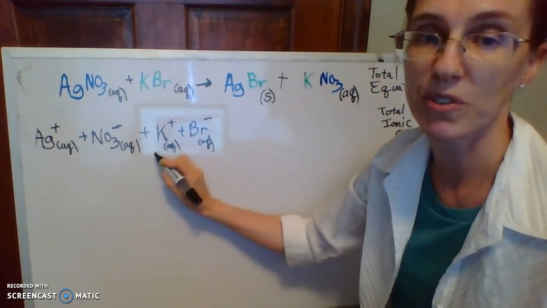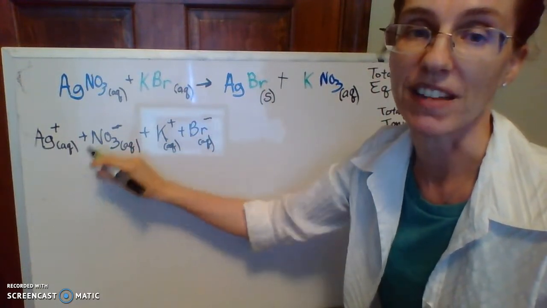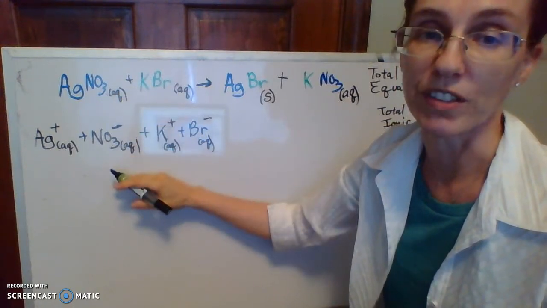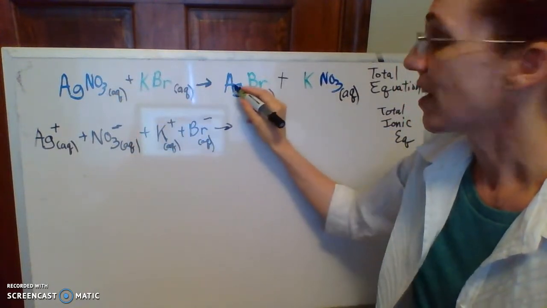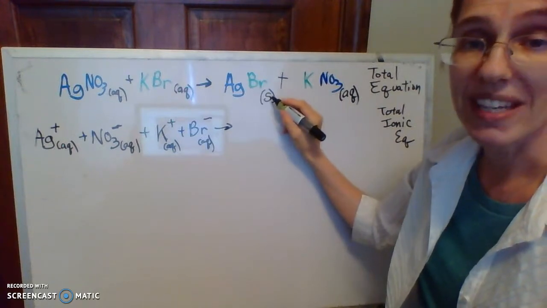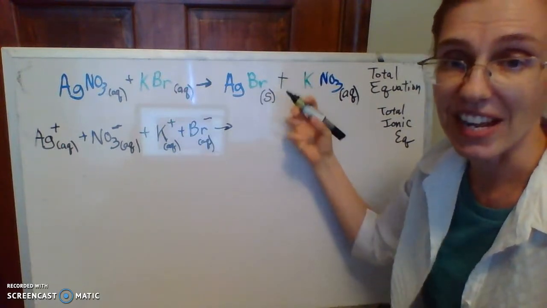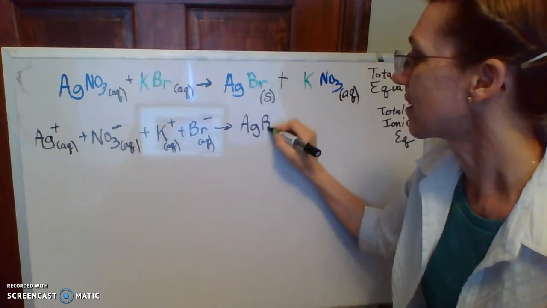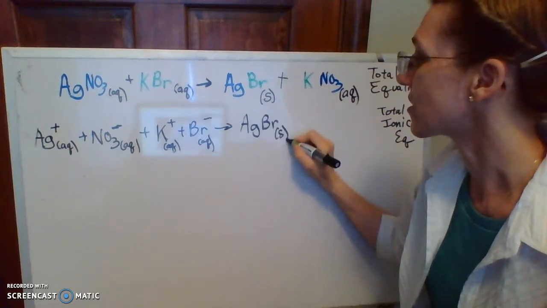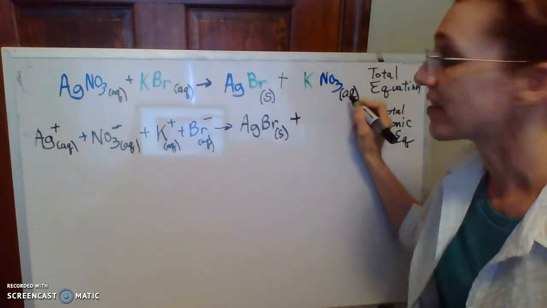And of course, we've got to include our AQs in there. Don't forget these subscripts. They tell us the state of matter. They keep us in mind of whether it's soluble or whether it's insoluble. We're going to draw our little arrow. The solid is the one thing we keep together because it stays as a solid. They don't separate. So we're going to write that as our solid. And then this is another AQ.